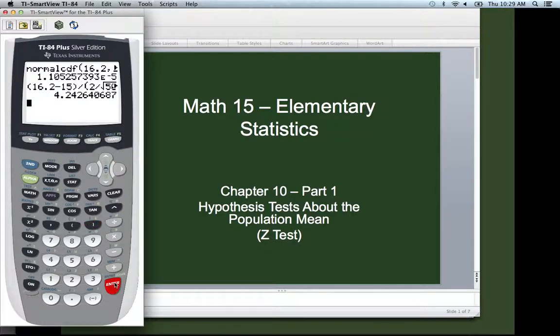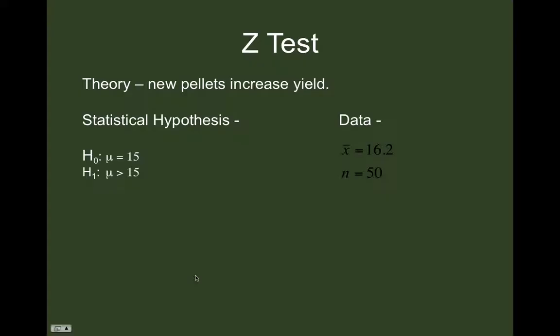So the particular z-value we're talking about here is about 4.24. So we already know the p-value. The p-value is approximately 0.00001.